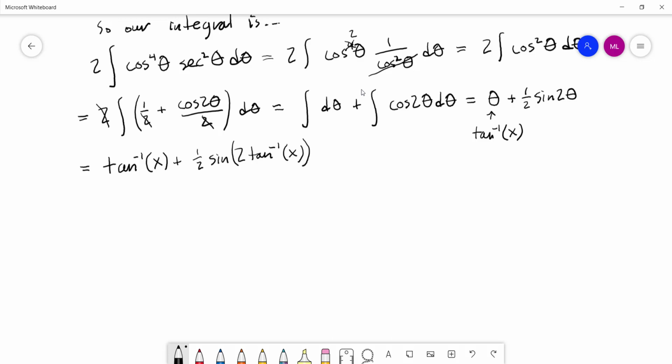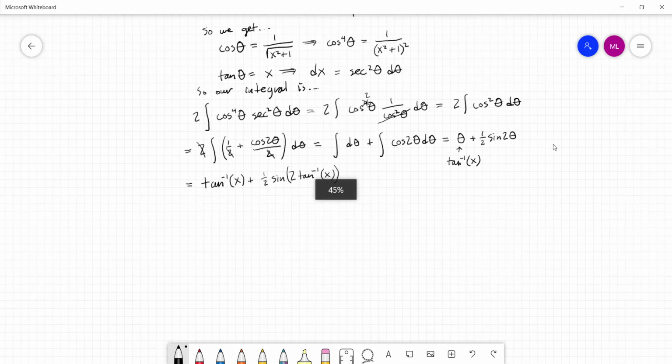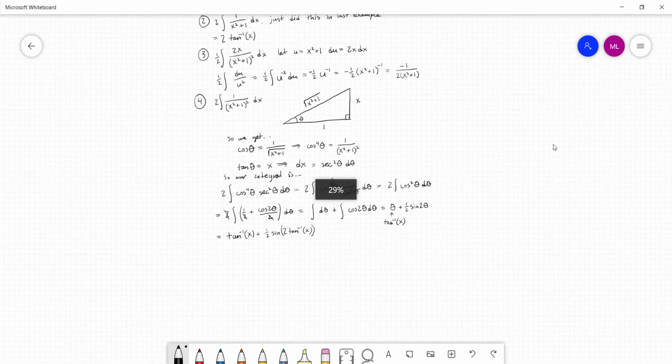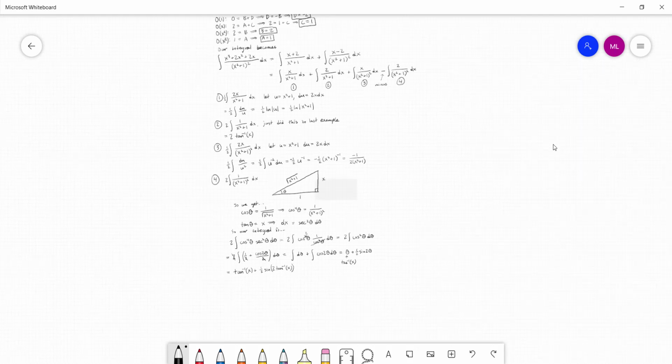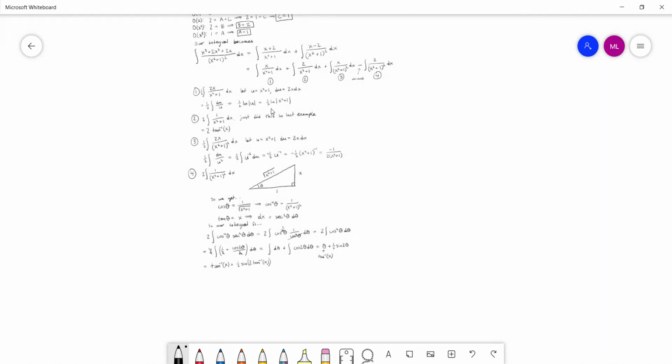No, I canceled the 2's. We're good. But I'm just going to leave it like this. It's good enough. Okay. And our final answer is these 4 pieces all put together plus c.